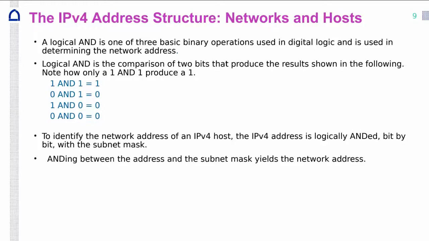Okay? So to identify the network address of an IP version 4 address, the IP address is logically ANDed bit by bit. Okay? ANDing between the address and the subnet mask yields the network address.